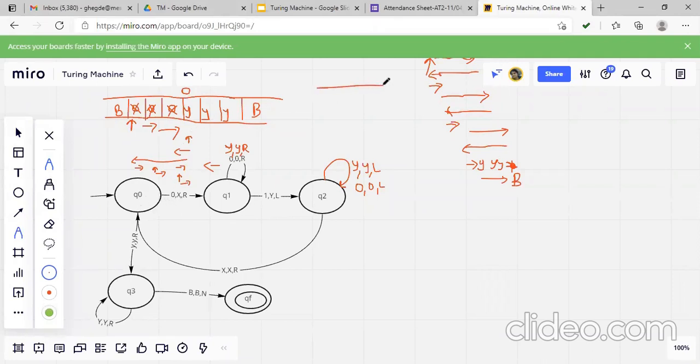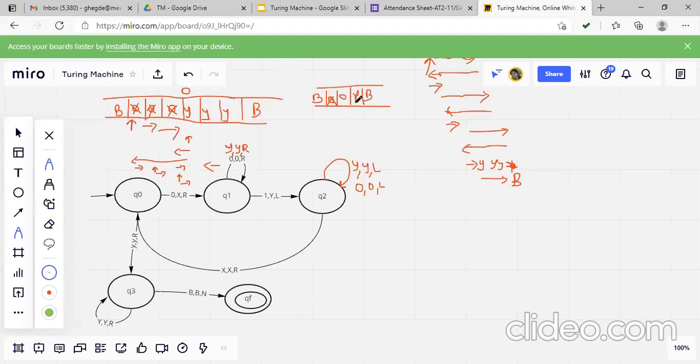I'll take another example with a smaller one. Okay, suppose I have two 0s, and I have one single 1 and a blank. This was our next example actually. We'll do it here. So I got this 0, I made it x, right? We move right till we get 1.